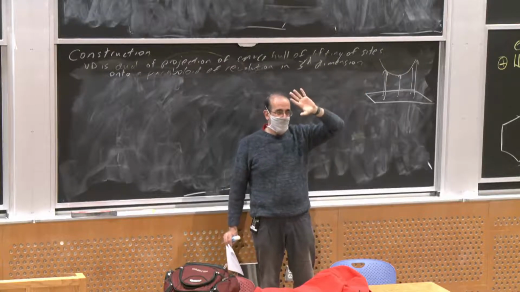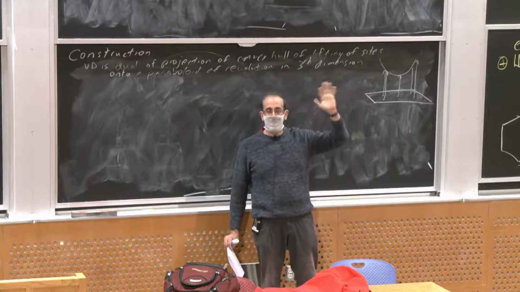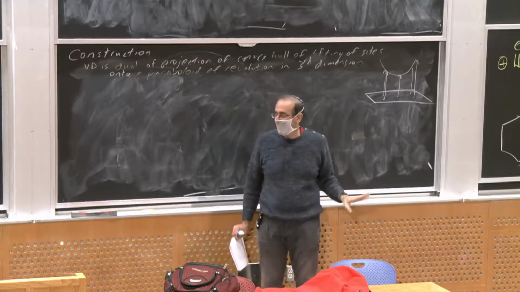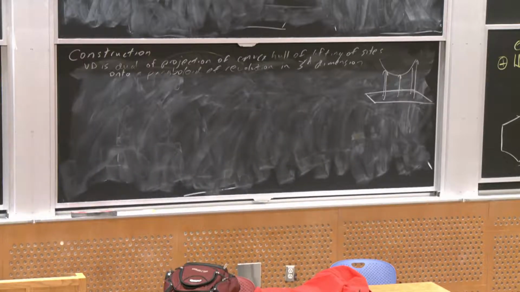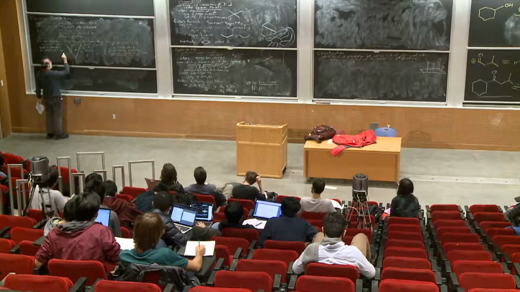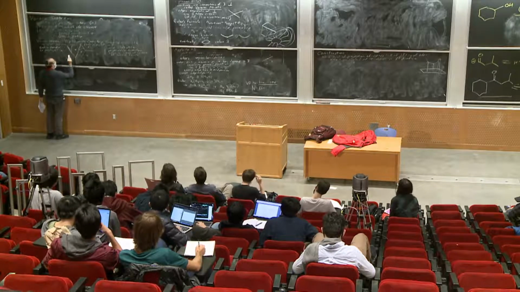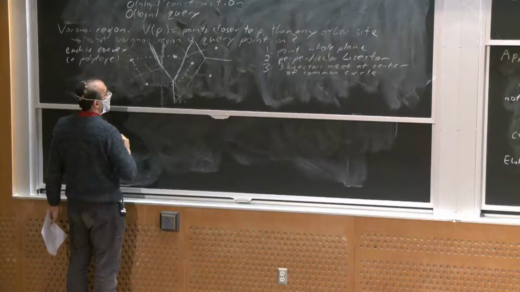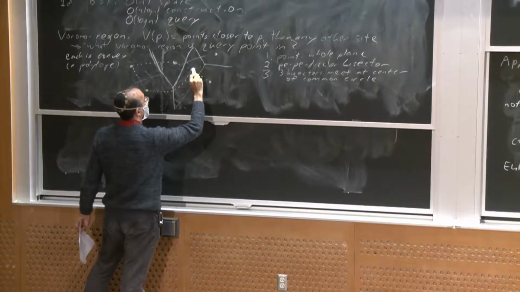Because the convex hull is a polytope, it is a planar graph. So when you project it down, you still get this planar graph. And you take the dual of that planar graph, which is not something I've defined for you yet. To take the dual of a planar graph, what you do is you put a vertex in each face of the planar graph, and then you draw an edge between any pair of vertices that are neighboring regions in the planar graph.